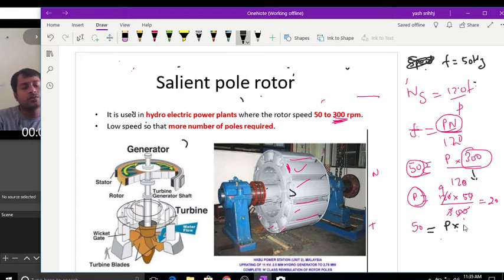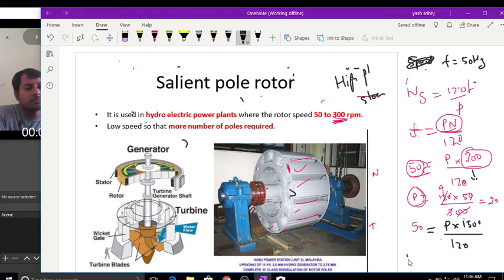Due to the high pressure of steam, the speed must be high, approximately 1500 to 3000 rpm. I'm taking 1500 rpm in f equals pN by 120.